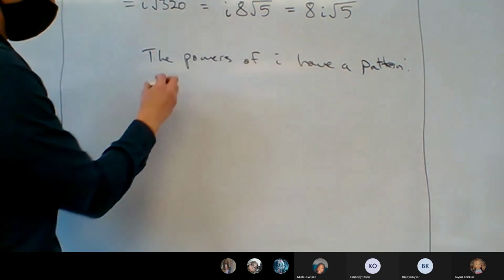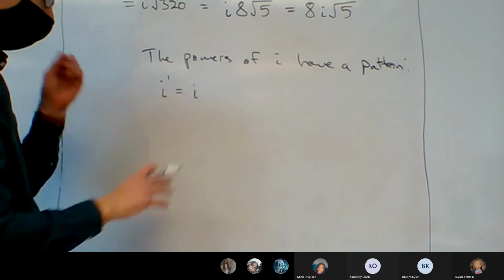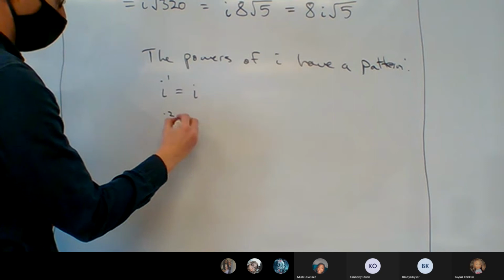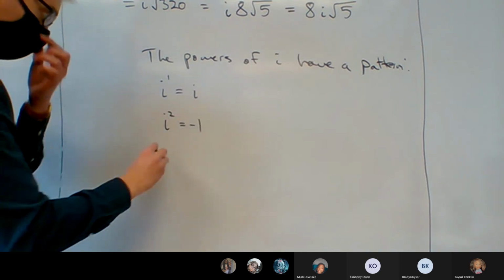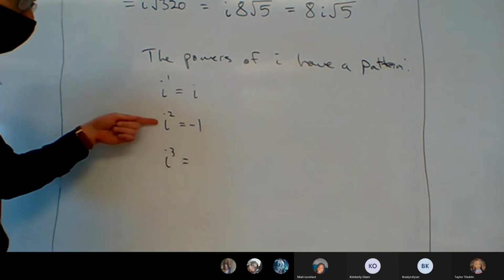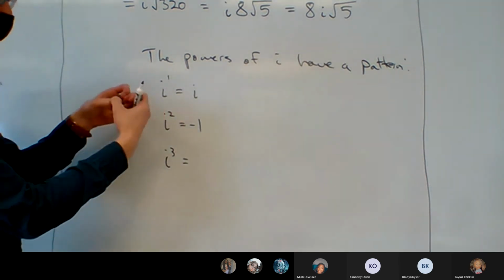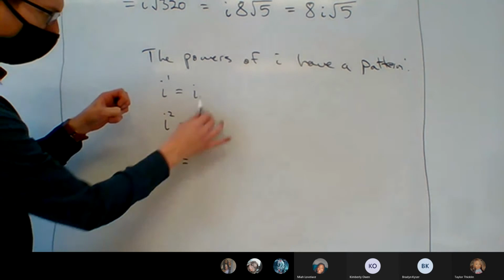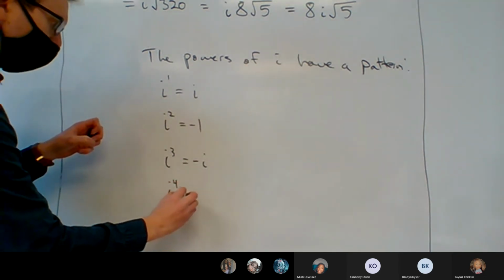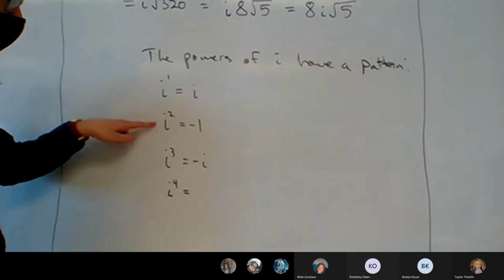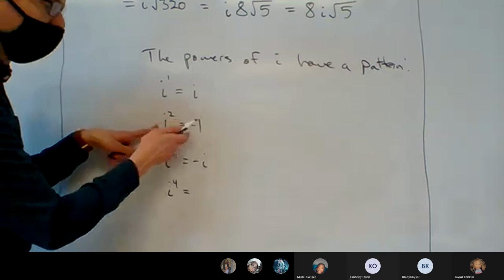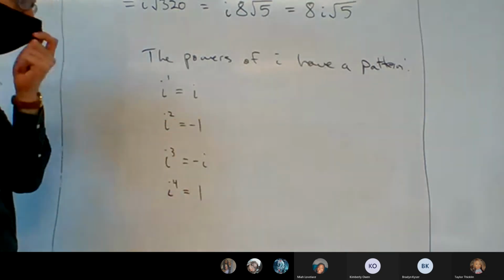You start with i to the first power, we'll just call it i, which is kind of meaningless, but it's going to fit my pattern better. i squared is negative 1. Now, what would i cubed be? i cubed is the same as i squared times i, so negative i. And then i to the fourth is the same as i squared times i squared, using exponent rules. So i to the fourth is negative 1 times negative 1, which is 1.